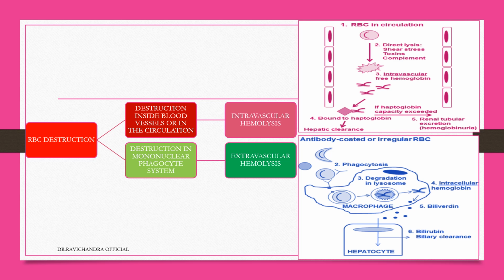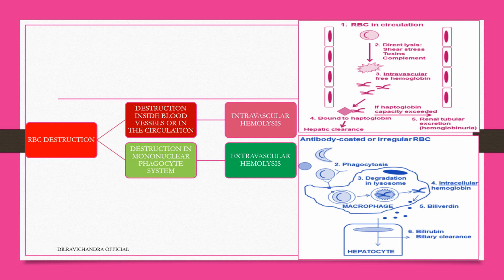In extravascular hemolysis, antibody-coated or irregular red blood cells are phagocytized and degraded with the help of lysosomal enzymes in the macrophage. There is release of the intracellular hemoglobin, which is further degraded into heme and globin. Globin is absorbed for protein synthesis, and the heme is converted to biliverdin and bilirubin.